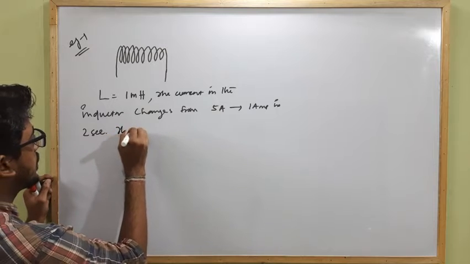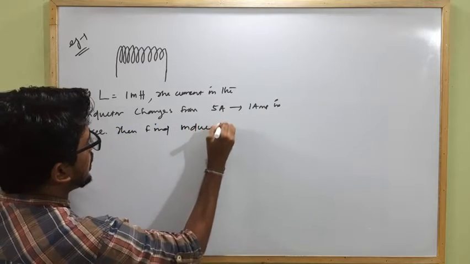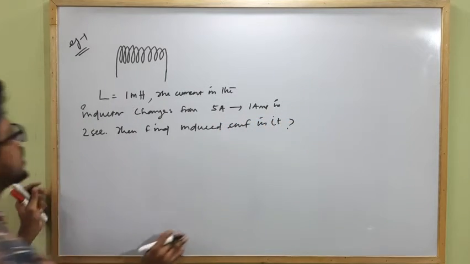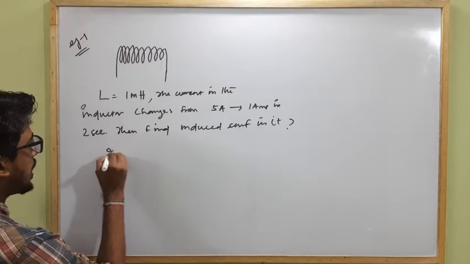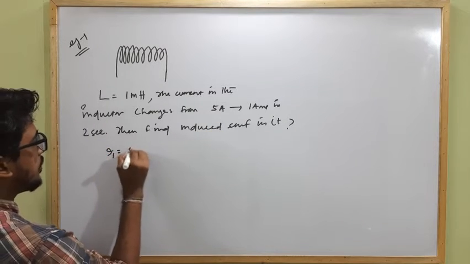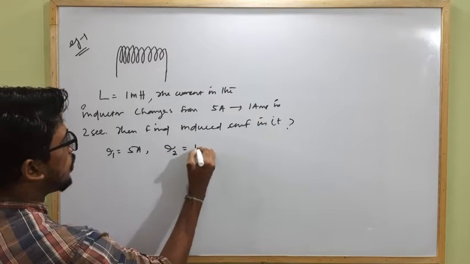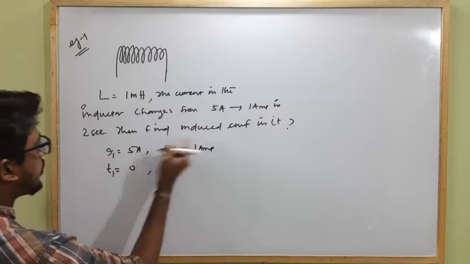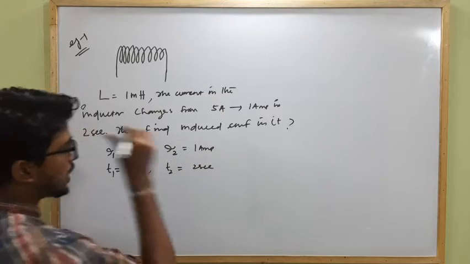Then find the induced EMF in it. So what is the value of induced EMF in it? Here we know the current: initially the current I1 is 5 ampere and finally the current I2 will be 1 ampere. So let the initial time T1 equal to 0, and after 2 seconds the current will be this much, the final time T2 equal to 2 seconds.